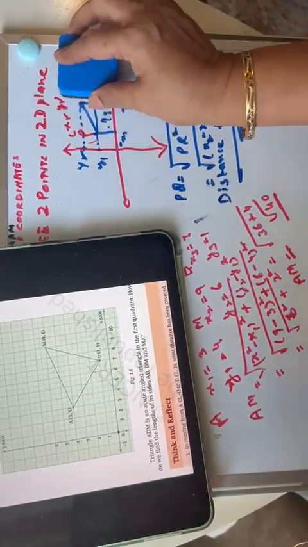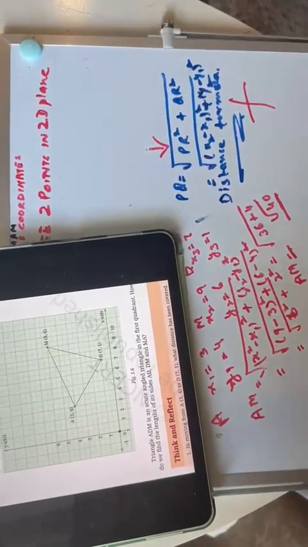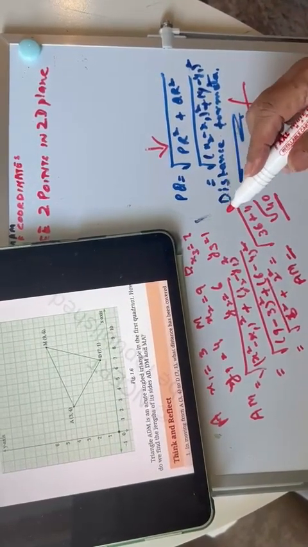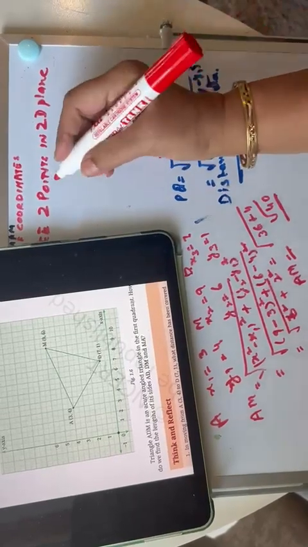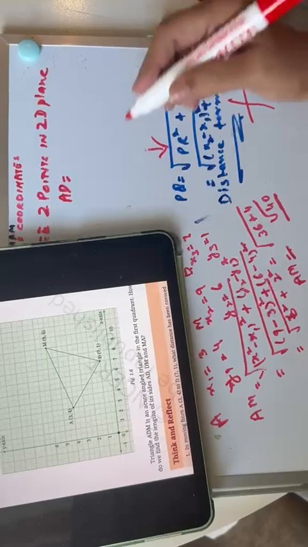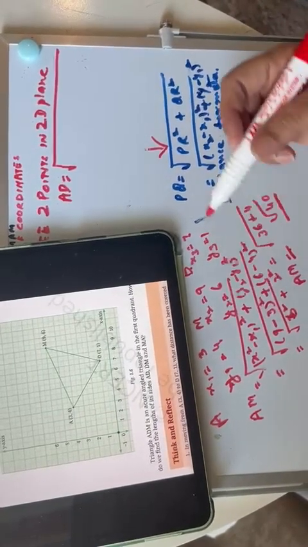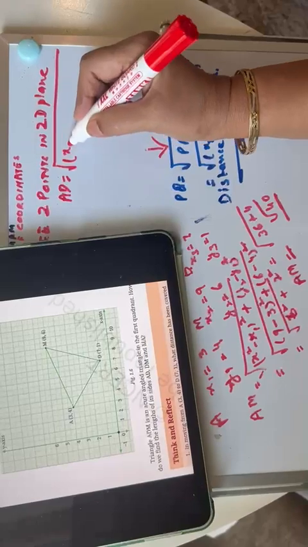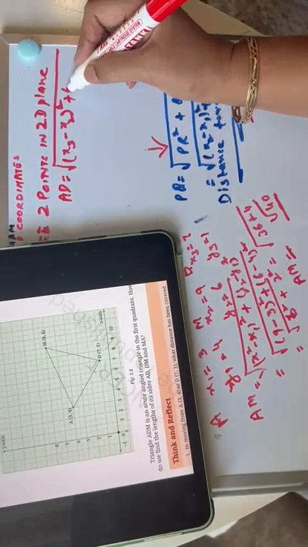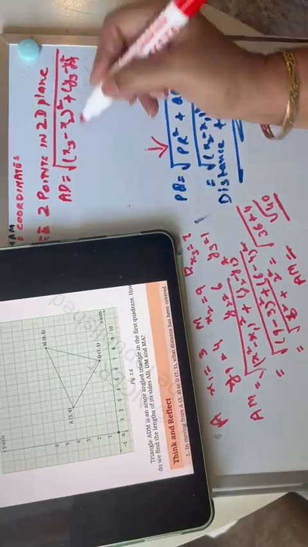Now AM we have done, next AD. We have taken the points x3 and x2. So AD is under root x3 minus x2 square plus y3 minus y2 square.